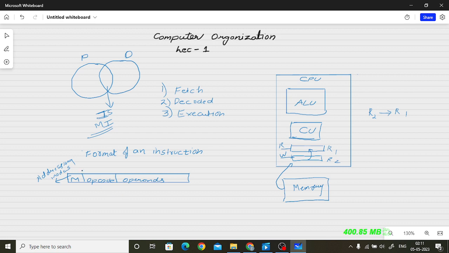And then the opcode. What does the opcode deal with?